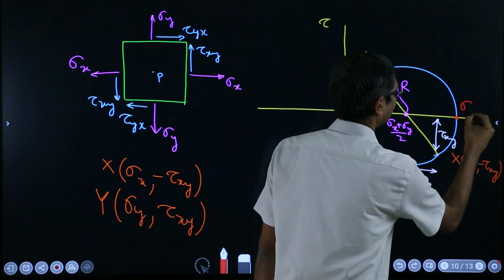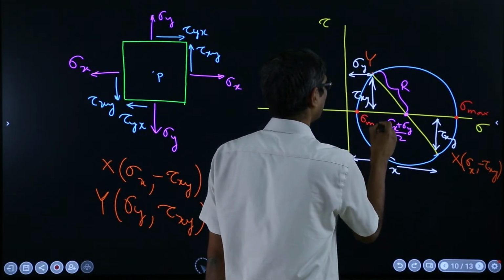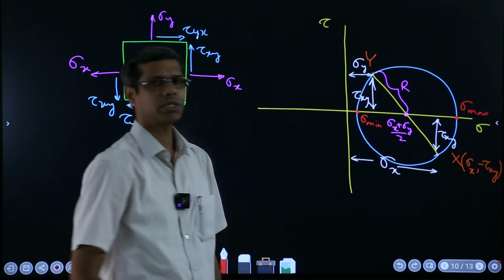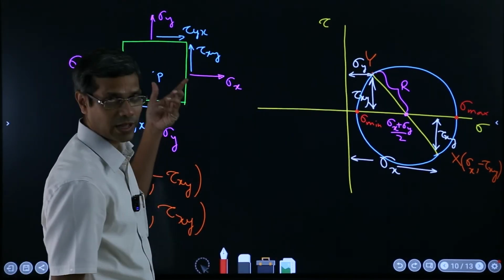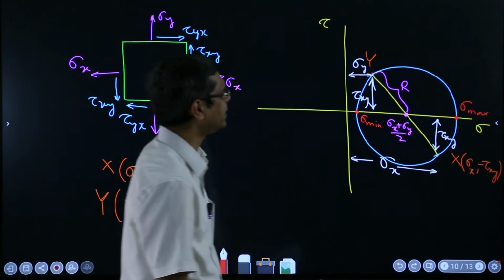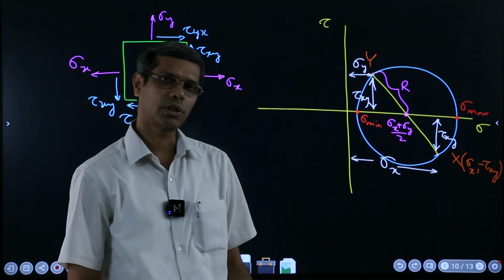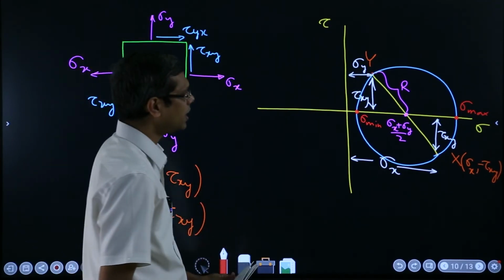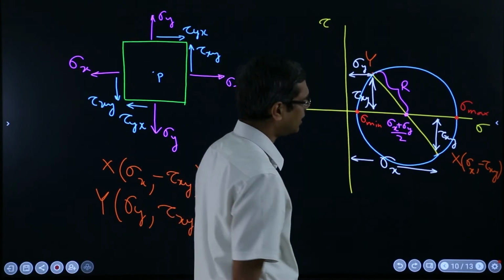They are my sigma max and sigma min. Because I have drawn this picture to some scale with respect to the stress values, I can directly read these lengths on my picture and scale them back to the stress values, and that will directly give me the principal stress values.